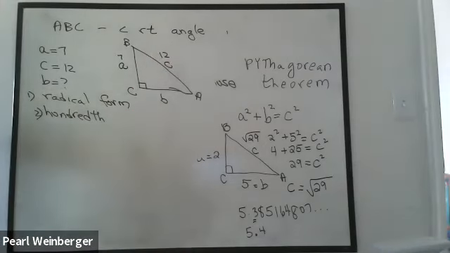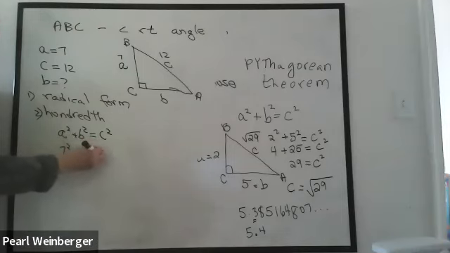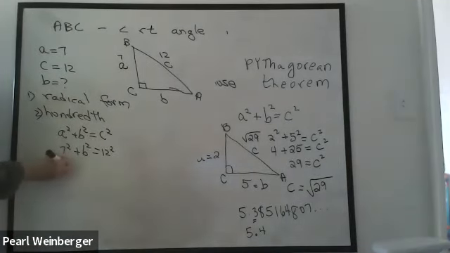Now, it's a little bit different because I gave you the c. But again, the formula is a squared plus b squared equals c squared. And I fit it in. 7 squared plus b squared equals 12 squared. And I'm going to keep my calculator handy because it's going to be of use. 7 squared is 49.